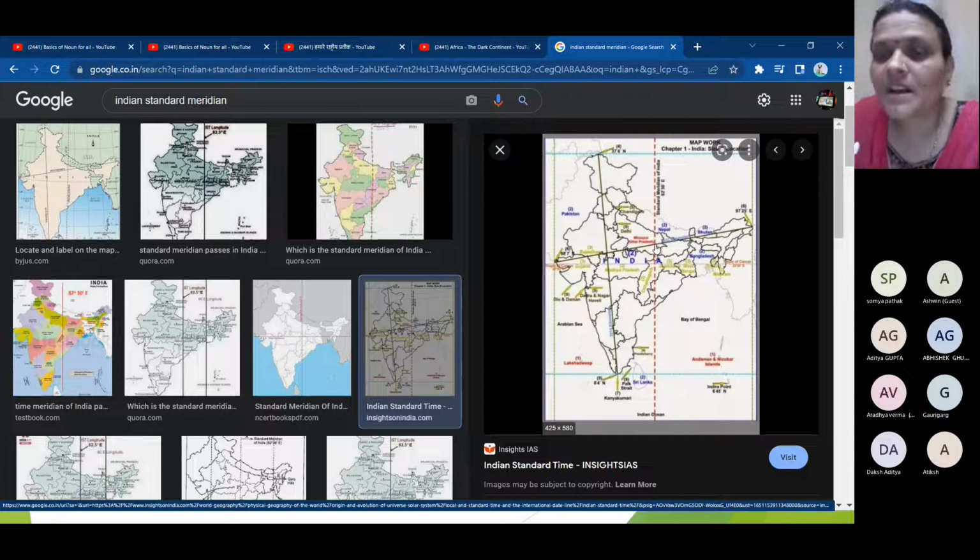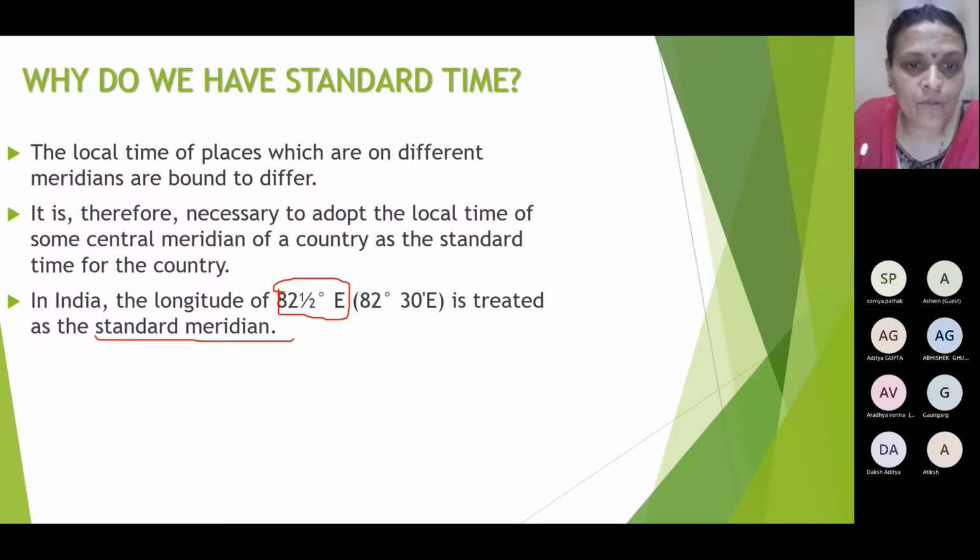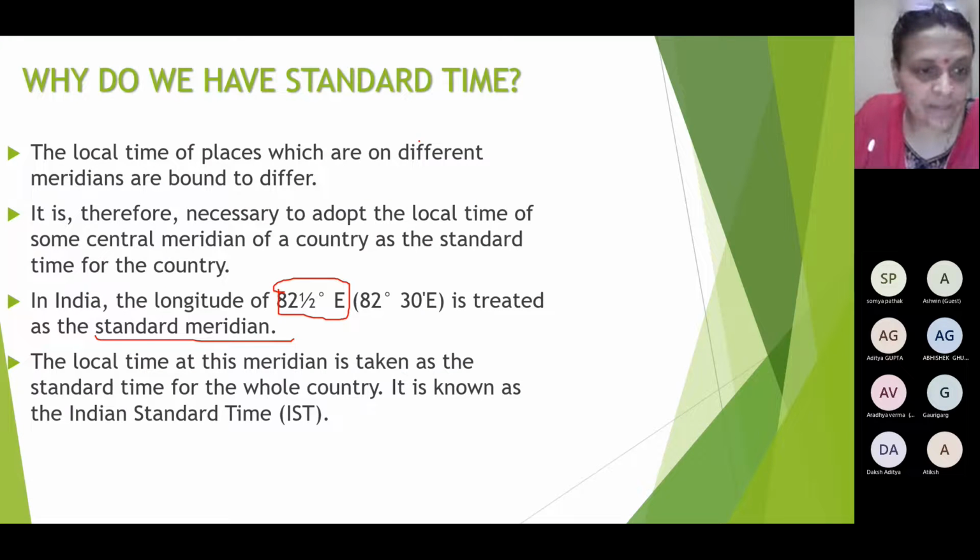So this place is our standard meridian, the Indian standard meridian. So we followed that and we removed the confusion of being 2 hours fast or late. And this helped to form our Indian Standard Time, the local time at this meridian.